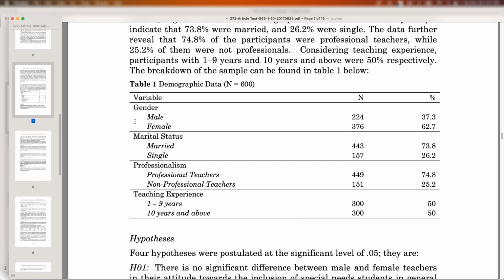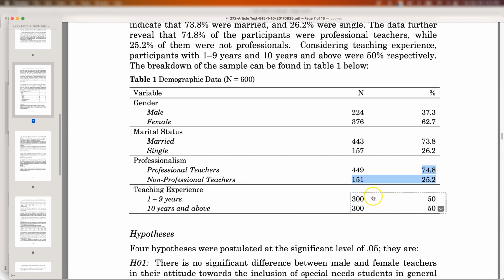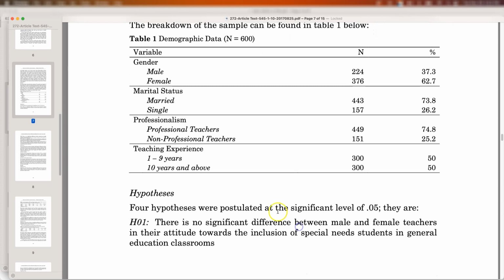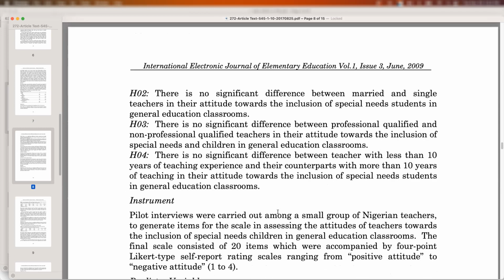We see the population was roughly 2/3 female, 1/3 male, and skewed towards most being married versus single, and they divided professionalism, whether these are professional teachers or not. And I'm guessing there was some careful recruitment here because the teaching experience is neatly divided into groups of 300.